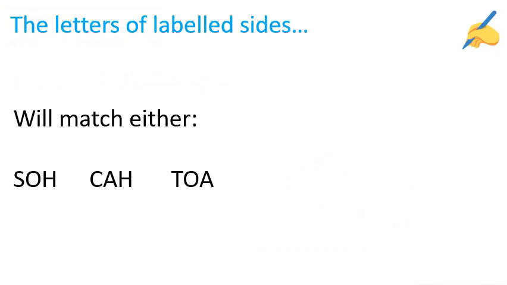The letters of the labelled sides will match either SOH, CAH, or TOA. So the triangle will either have the sides O and H labelled, or A and H labelled, or O and A labelled.